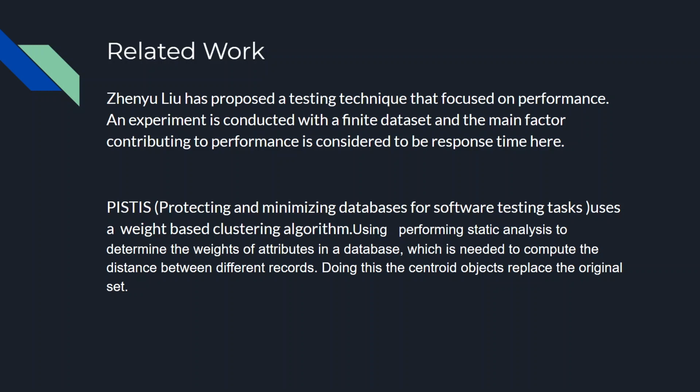For each cluster, a centroid object is computed which represents the different entities in the cluster, and a representative record for each group based on the notion of centroid object. They perform static analysis to determine the weights of the attributes, which is needed to compute the distance between different records. By doing this, the centroid object replaces the original dataset.